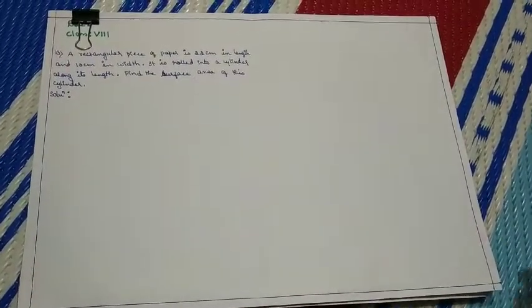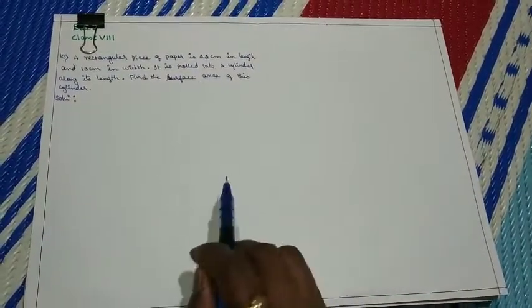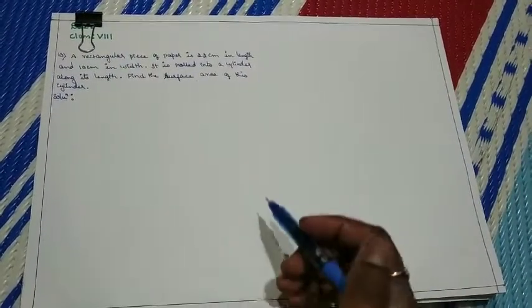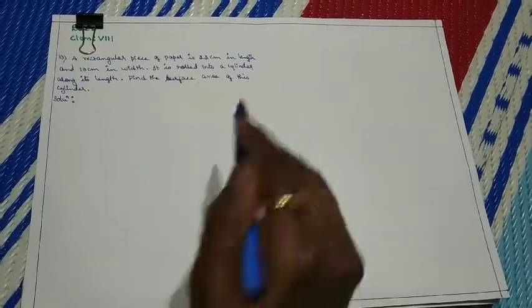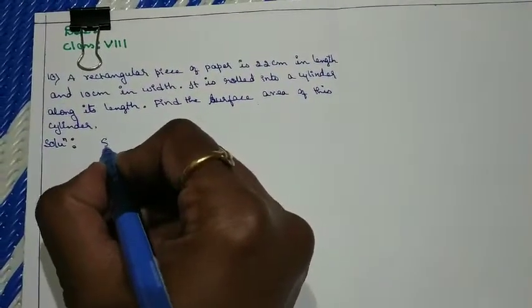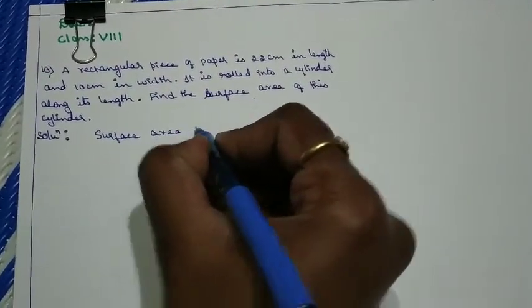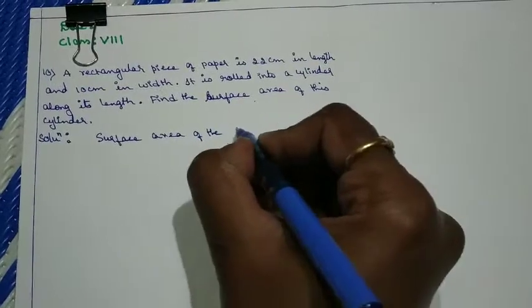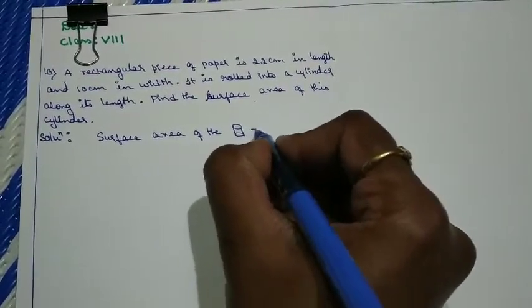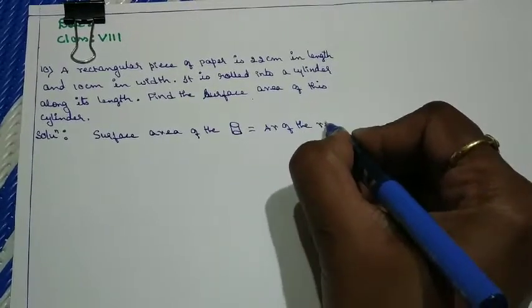Therefore, here he is asking us to find the surface area of the cylinder. So the surface area of the cylinder is nothing but the area of the rectangle. Directly you substitute and find its answer, children. So surface area of the cylinder is nothing but area of the rectangle.